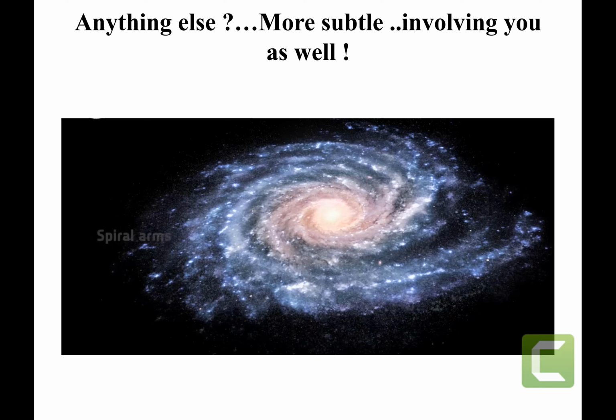And other than that, there is rotational motion of which you are a part, more subtle, involving you as well. If the sun is somewhere over here, that means you are within that solar system somewhere as a tiny speck of dust.